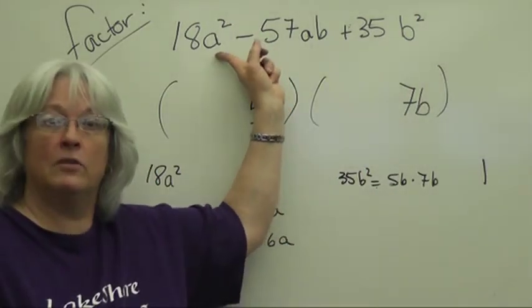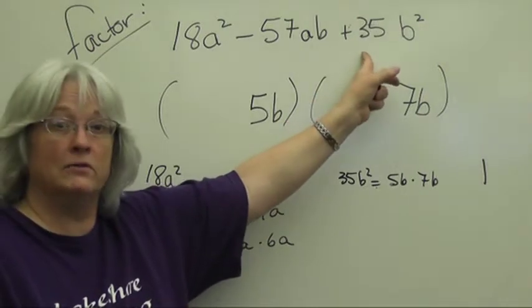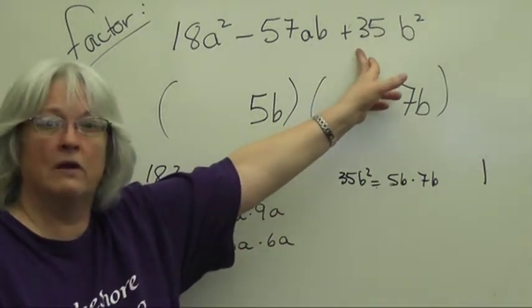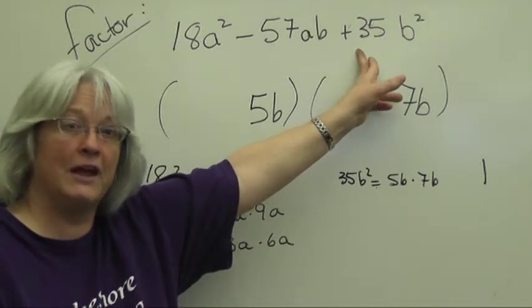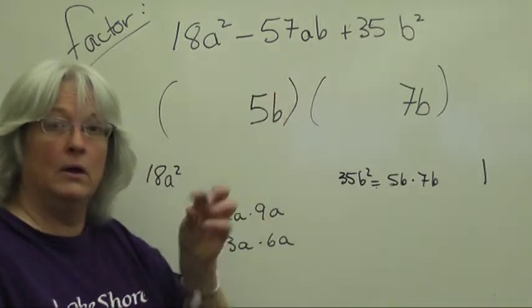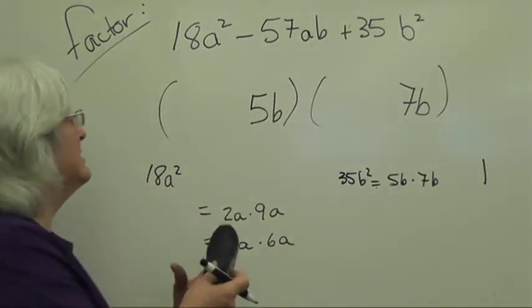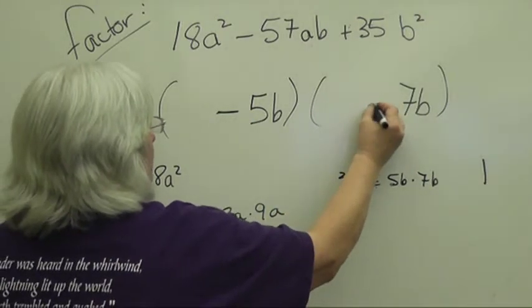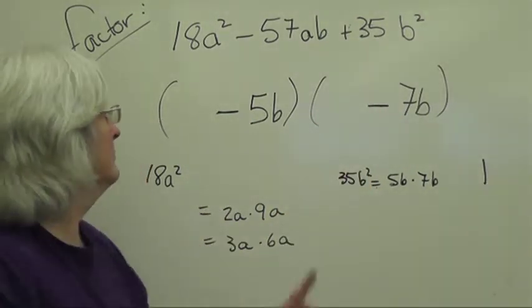We have a negative in the middle, but we have a positive at the end. The only way that you can have a positive product of factors, yet a negative sum of those same factors, is if both of those factors are negative. Okay?